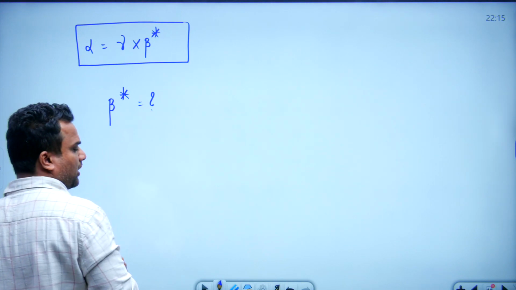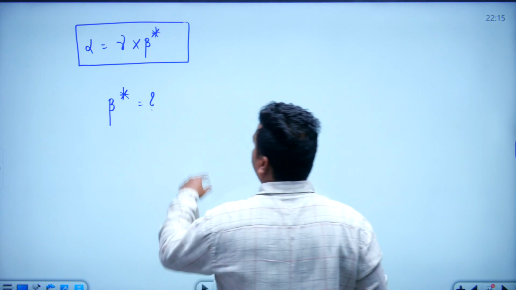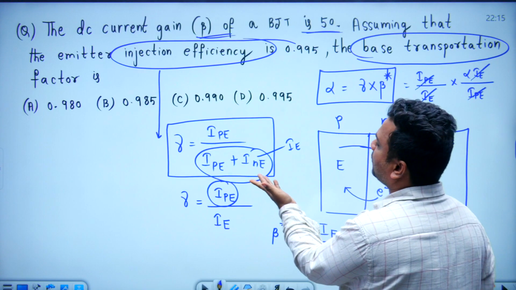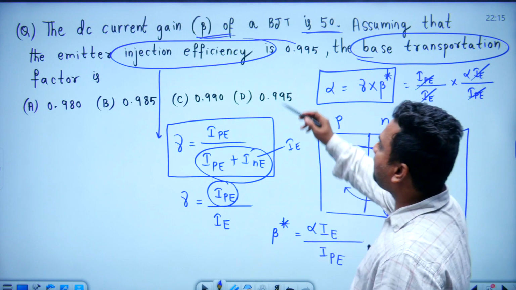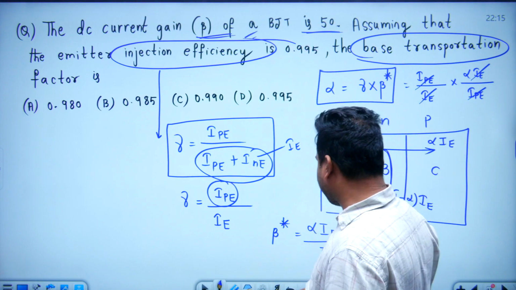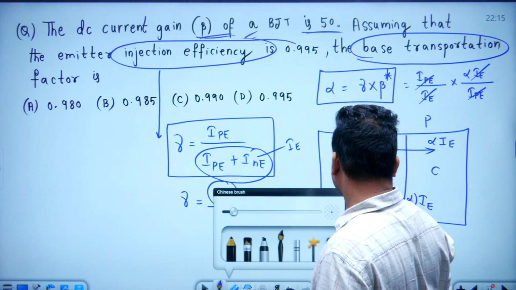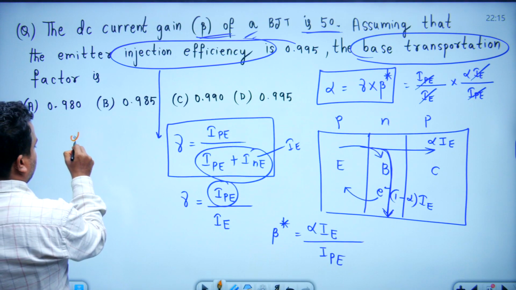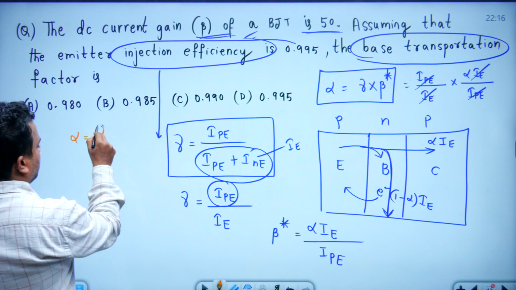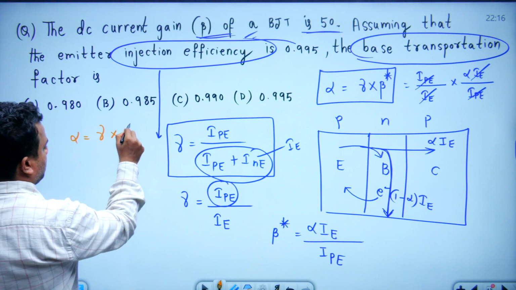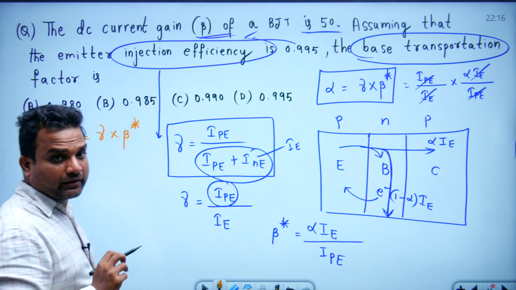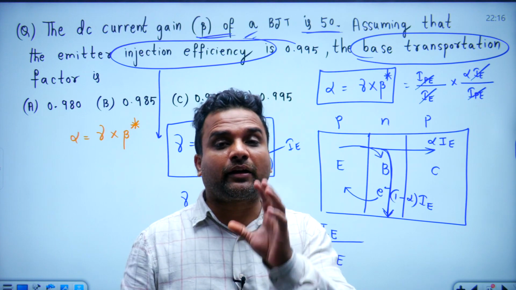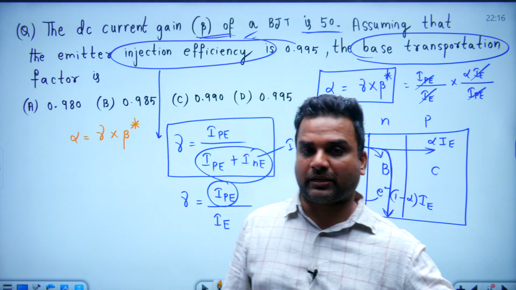Now here alpha is there. Is alpha value given in the question? No. They have given the beta value. Let me write here. Alpha is equal to gamma into beta star, where this gamma is not the common collector configuration current gain; it is the emitter injection efficiency.